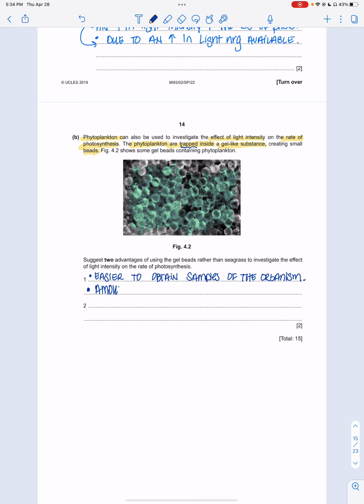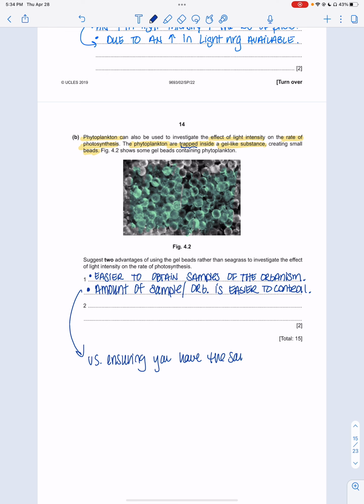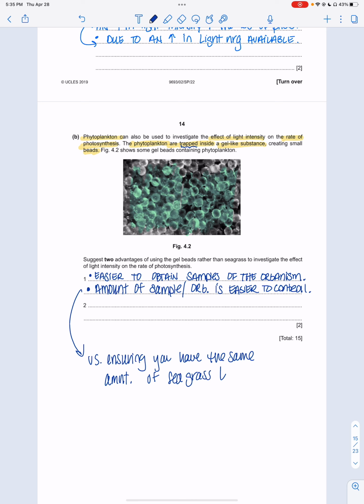So the amount of sample or organism is easier to control, versus ensuring you have the same amount of seagrass leaves or macroalgae. They're called blades.